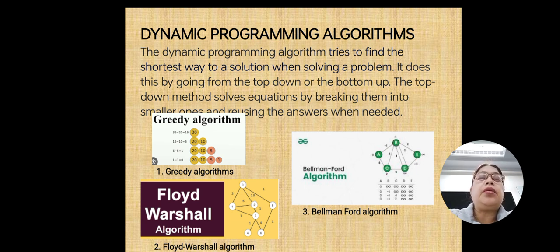So let us go to the Floyd-Warshall algorithm shown on the picture. The Floyd-Warshall algorithm is a method that uses the technique of dynamic programming to locate the shortest pathway. It determines the shortest route across all the pairings of vertices in a graph with weights.